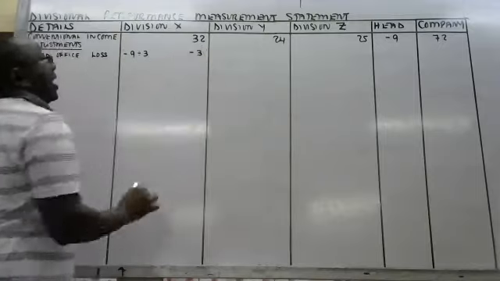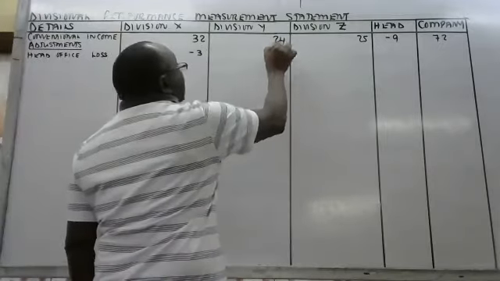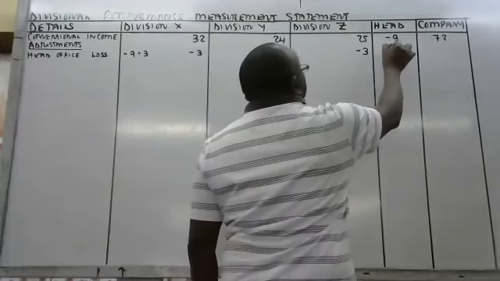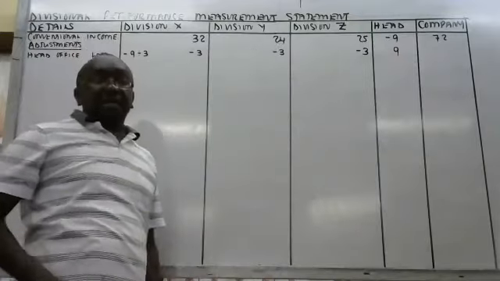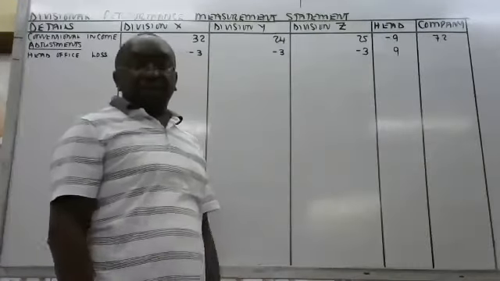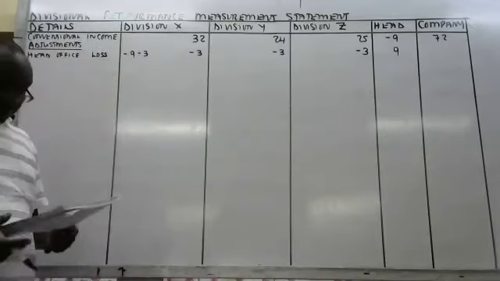So here you bring minus 3, even here minus 3, even here minus 3. Here you bring a positive 9 so that it disappears. We have removed it from the head office and transferred it to the divisions.